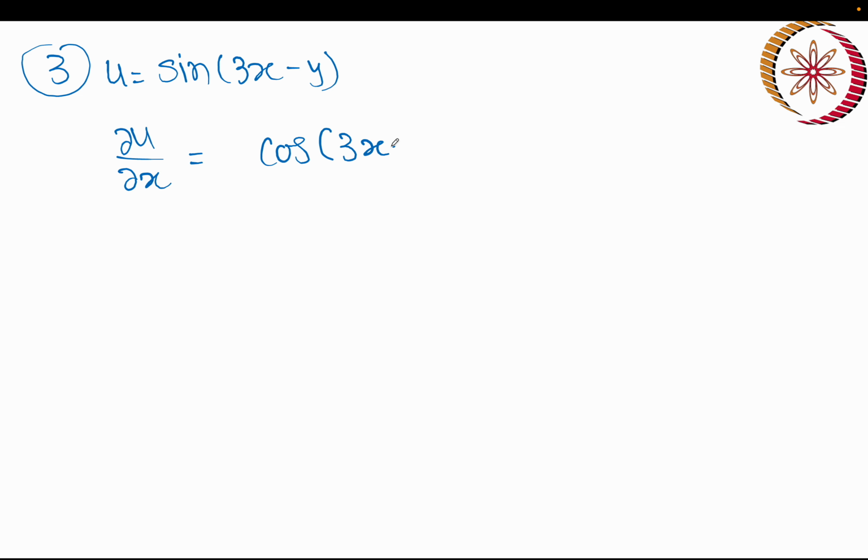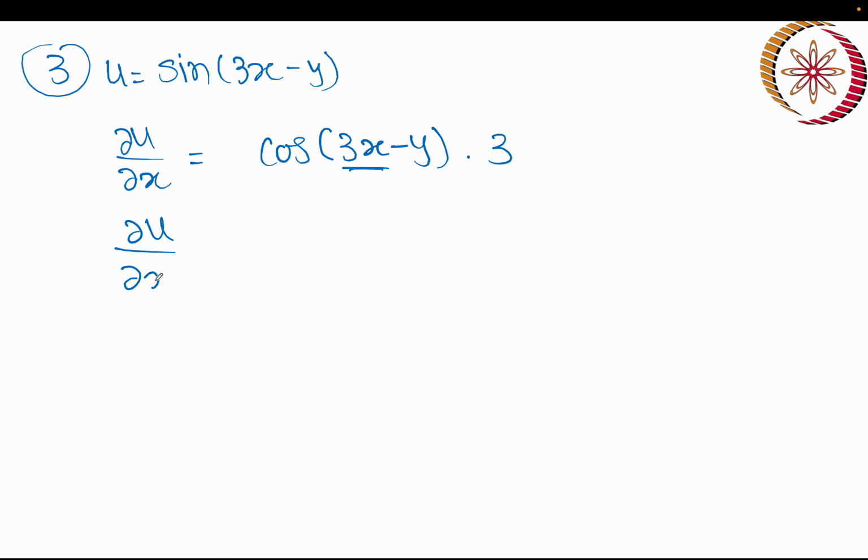Okay, so we'll try the third option, sine 3x minus y. If you assume u to be this, then dou u by dou x will be cos 3x minus y, and we use the chain rule, so it will be 3.